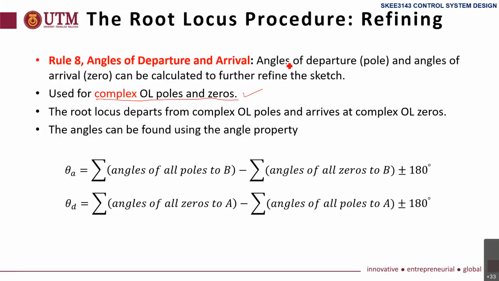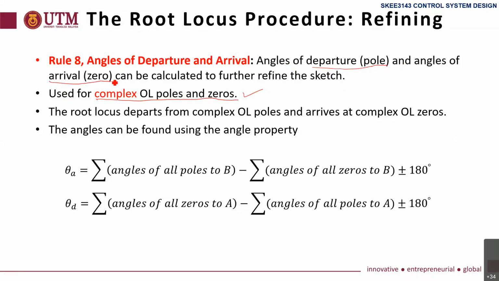Angle of departure is related to pole. When we have a pole, we have angle of departure. Why? Because we know that the root locus starts from a pole. So when we start from a pole, we call it departure. It starts to move on, to go out. An angle of arrival is related to zero.